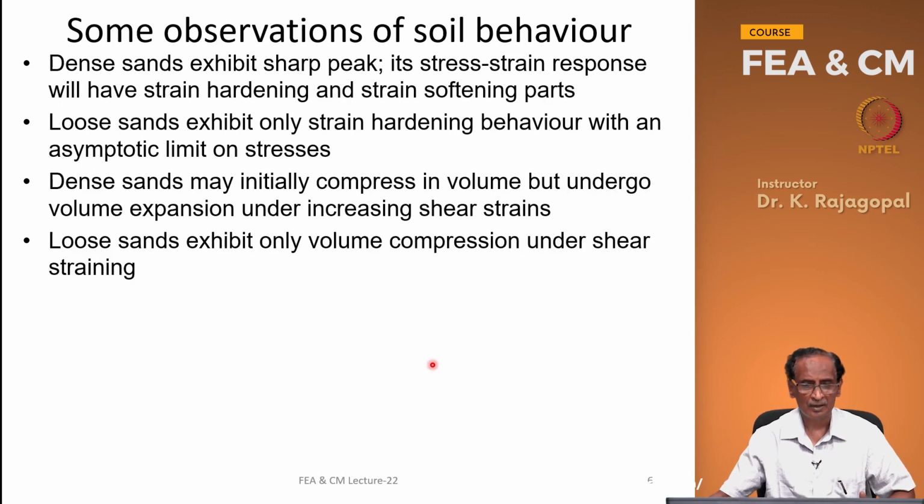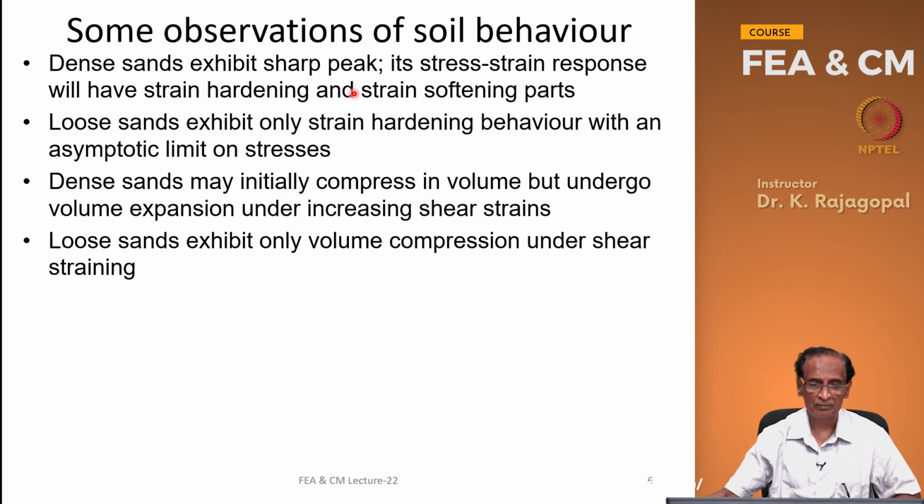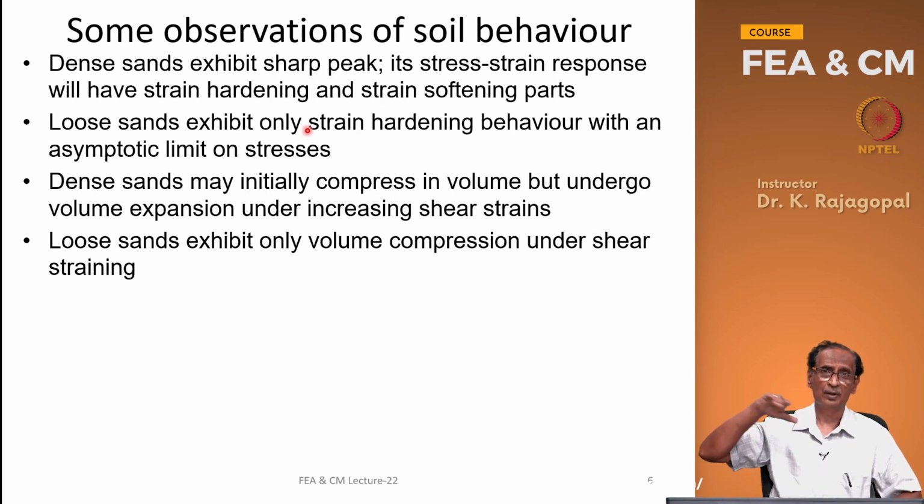predict. So the dense sands exhibit a very sharp peak, and their stress-strain response will have a very nice strain hardening part and then a strain softening part, while the loose sands will have only a strain hardening part. The stress will go on increasing with the strain.